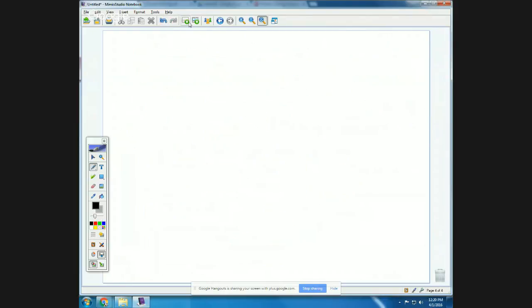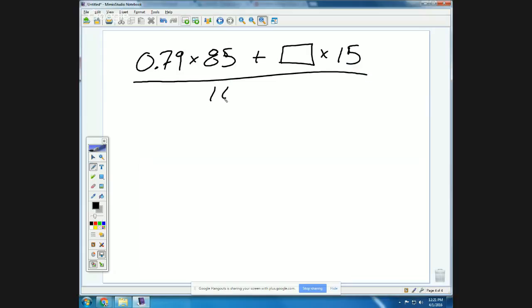So right now he has 79% of the 85 percentage points for the first part of the class. We want to know what percent he has to get on the final for those remaining 15 points of the course, so that in the end, he gets a 75% in the class.